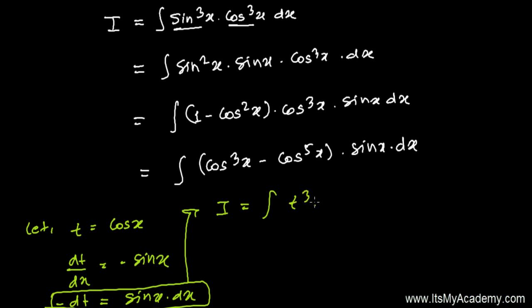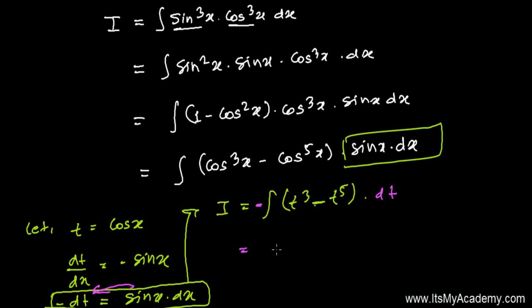In the next step, minus cos to the power 5, that is t to the power 5, and in the place of sin x dx we can use minus dt. So the question becomes minus t to the power 3 dt plus t to the power 5 dt.